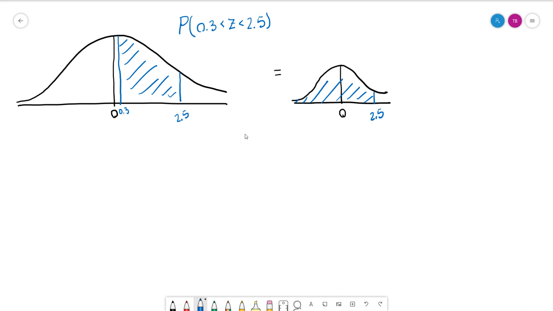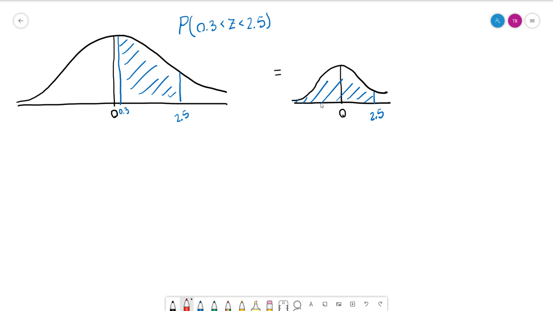But notice that's going to give us too much, right? We want just everything between 0.3 and 2.5. This is everything to the left of 2.5. We don't want all this stuff over here. If 0.3 is right here, we don't actually want this region. In order to get rid of that, we need to subtract the bit that we don't want.